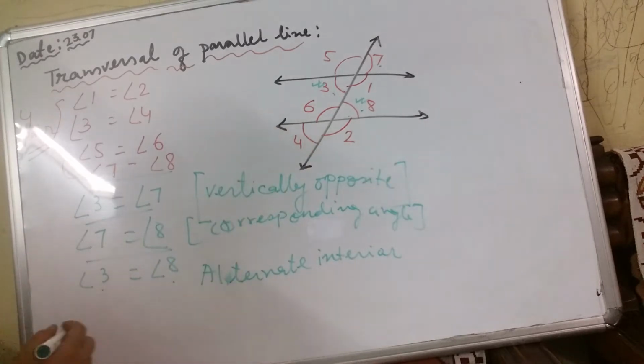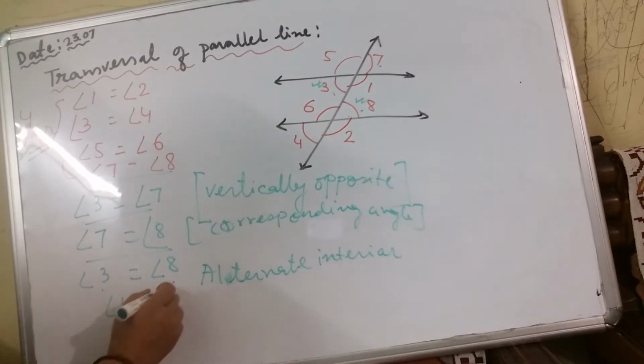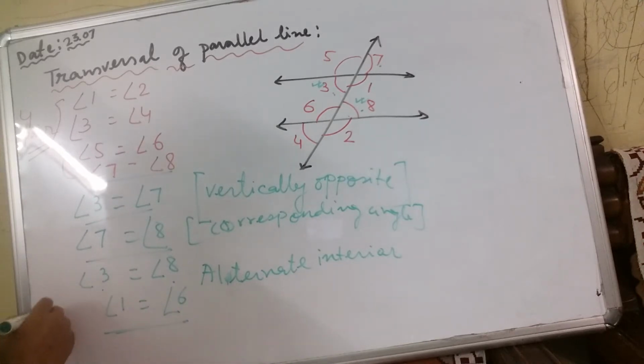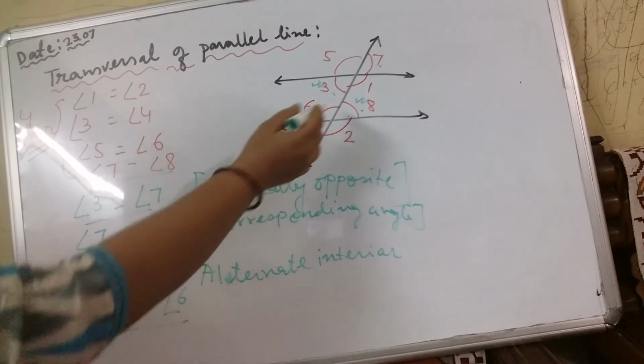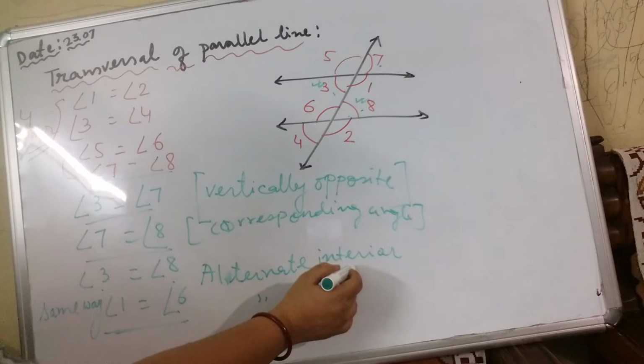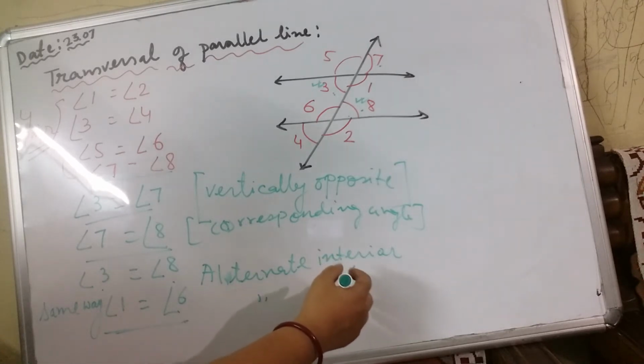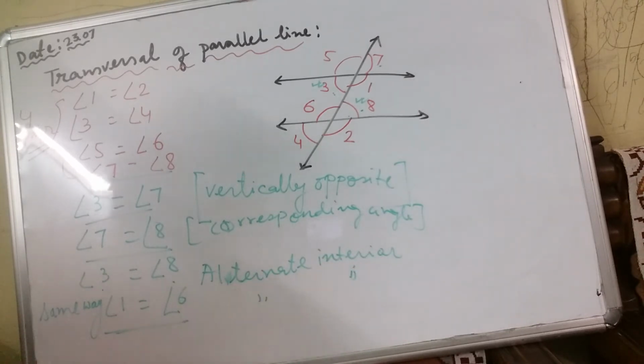In the same way, we can prove angle 1 equals angle 6. They are another pair of alternate interior angles. So what can we conclude from here?